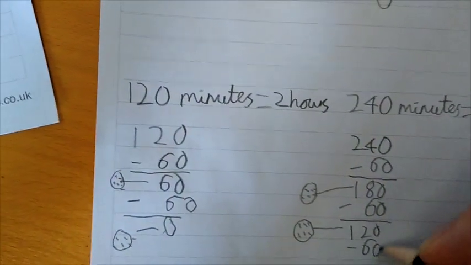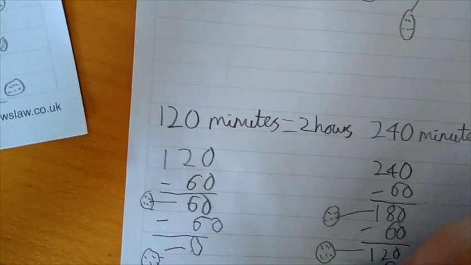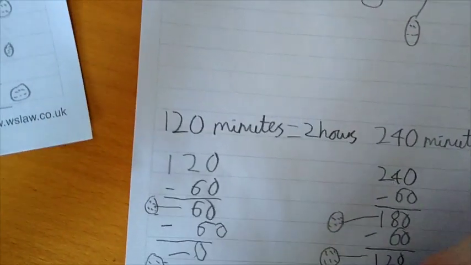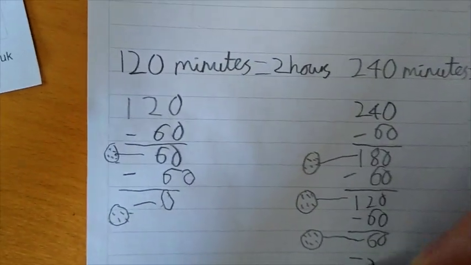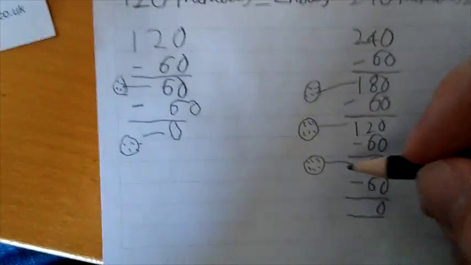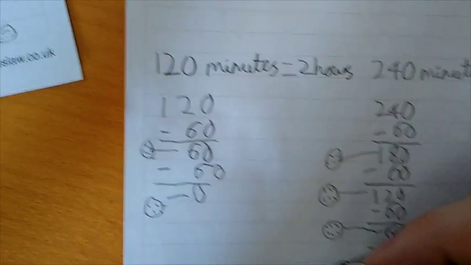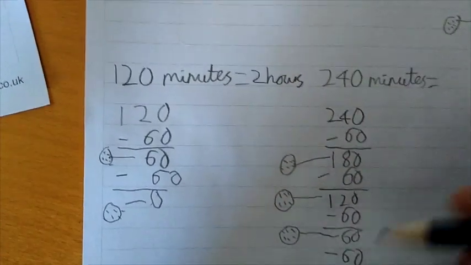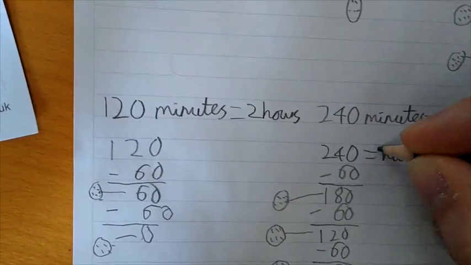Take away 60 from that, and then finally we have 4 hours in total for 240 minutes. Sorry, I forgot to put the number there. 4 hours.